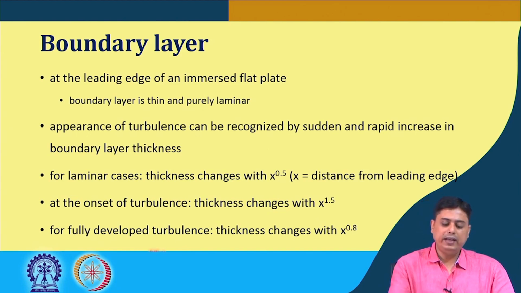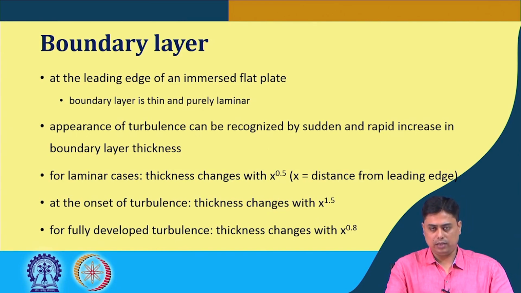For fully developed turbulence cases, the thickness then changes with x to the power 0.8. So, after the onset of turbulence, if the turbulence prevails, it changes in this manner, where again x is the distance from the leading edge to its tailing end.